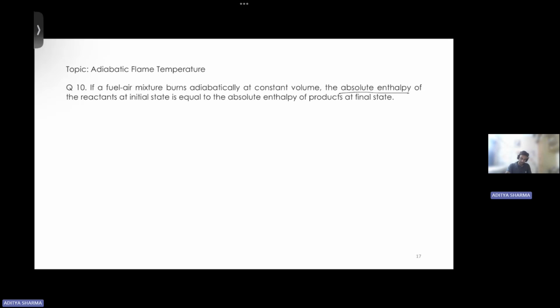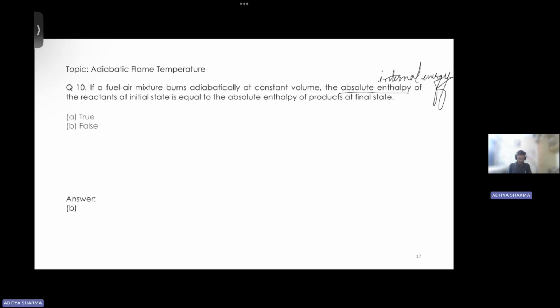But for the constant volume process, the absolute internal energy is equal for reactants and products.